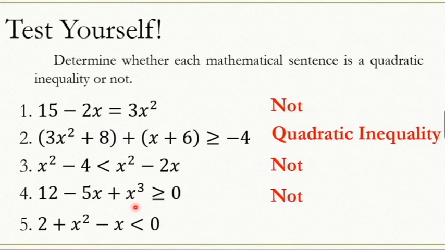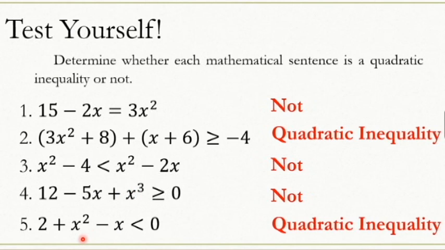Yes, this is not a quadratic inequality because our exponent or the highest degree is the third degree. Remember that a quadratic inequality should be of degree 2. And the last one. So, this is a quadratic inequality because we are on the degree 2 at yung symbol natin ay less than.